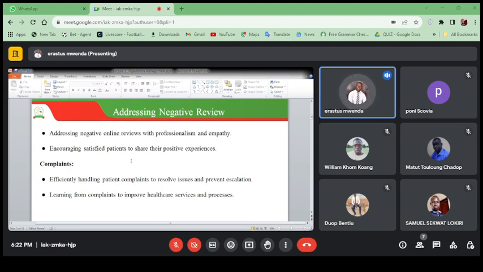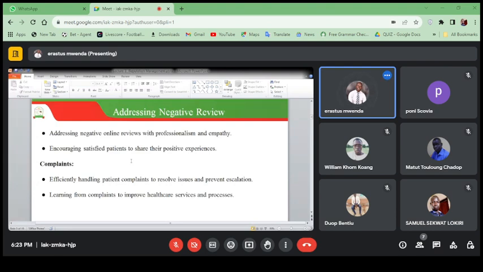It is also a way of showing that you care. Personalizing the response means that if you comment negatively, the organization tags or mentions your name to show that it is you they are addressing based on that negative review that you have put across.